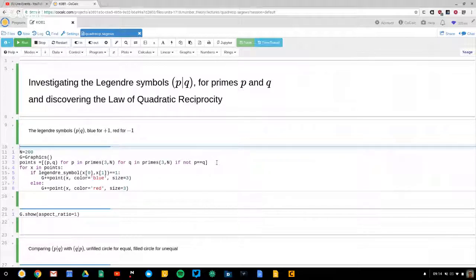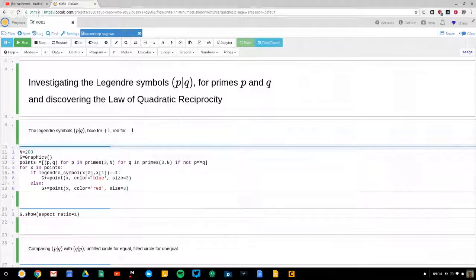And what does the code do? Well, the Legendre symbol is an inbuilt function in Sage. It evaluates the Legendre symbol, just like we've been writing. So for every x in points, so x in this for loop is one of these pairs (p, q). x[0] refers to the first element, x[1] refers to the second element. Remember, in most computer languages, array indexing begins at 0.